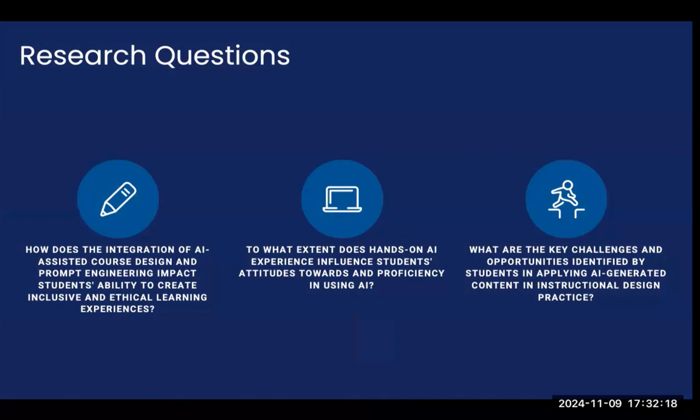And then the second one is, to what extent does hands-on AI experience influence students' attitudes towards and proficiency in using AI? And then the last one is, what are the key challenges and opportunities identified by students in applying AI-generated content in instructional design practice?